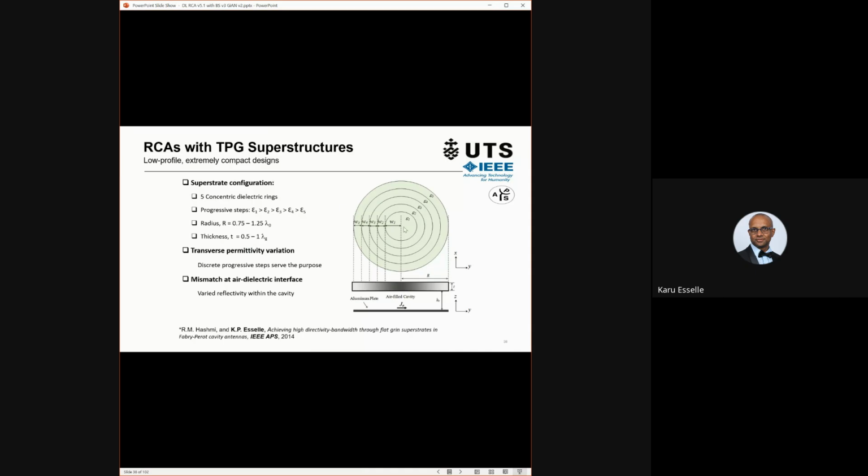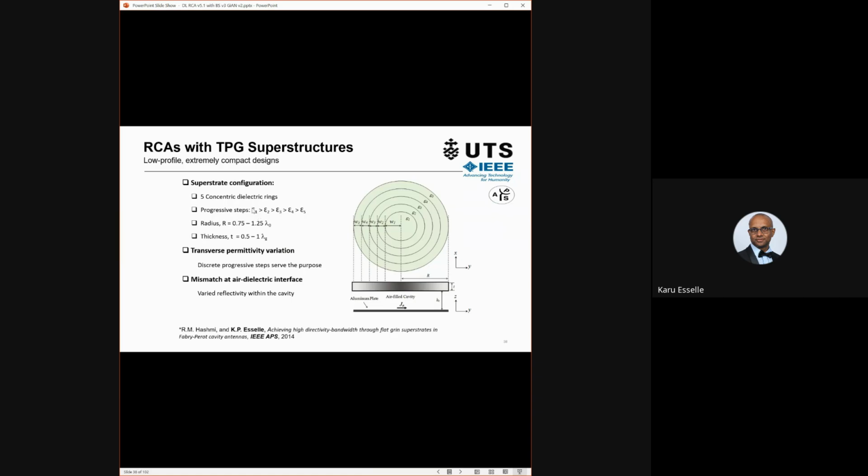We analyze antennas with several steps. One thing common in all of them is the center dielectric has the highest dielectric constant, and they monotonically decrease from center to the edge.